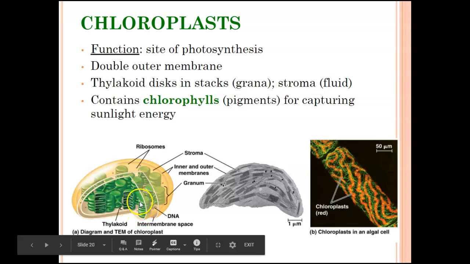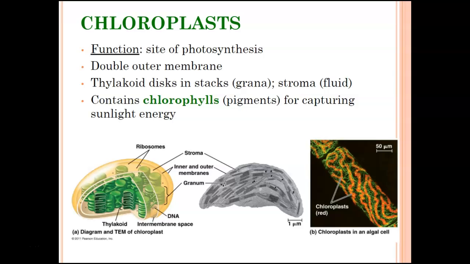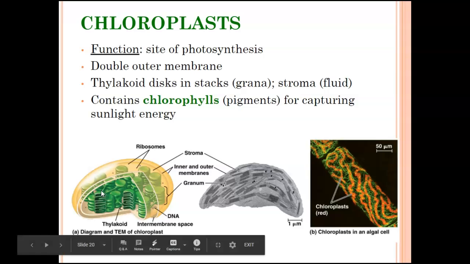The fluid inside the chloroplast, around the thylakoid discs, around the grana, is called the stroma. Within the thylakoid discs are pigments such as chlorophylls. That's the most popular pigment, producing that green color, capturing a particular wavelength of sunlight's energy.